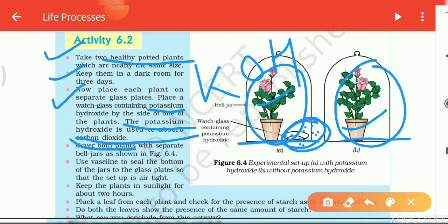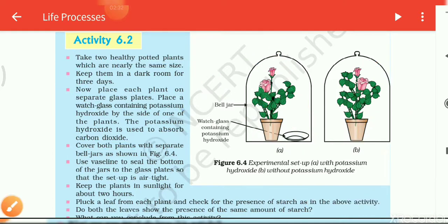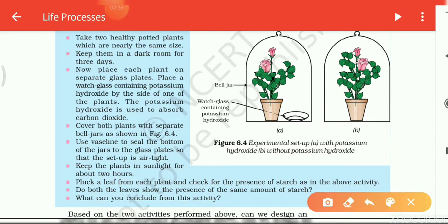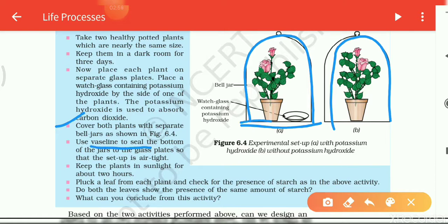Okay, now in the fourth point, cover both plants with separate bell jars as shown in figure 6.4. Students, this is your bell jar, and you will cover this potted plant very nicely with the bell jar and use wax or Vaseline to seal the bottom.